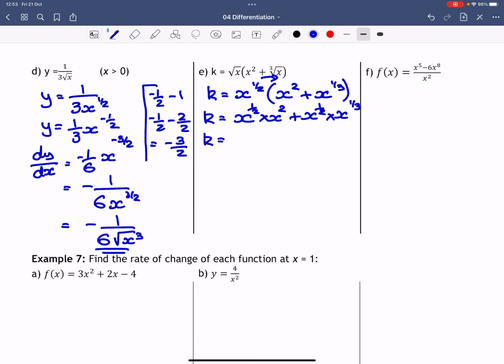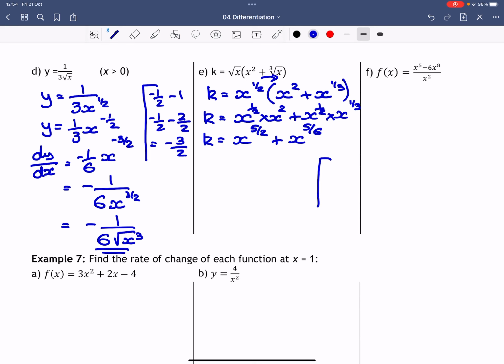So I get k is equal to x to the power of 2 plus a half is 2.5, which is the same as saying 5 halves, plus a half plus a third, well, that's just the same as saying 3/6 plus 2/6, which is 5/6. Don't worry if you can't get that in your head, go to the side and work it out.